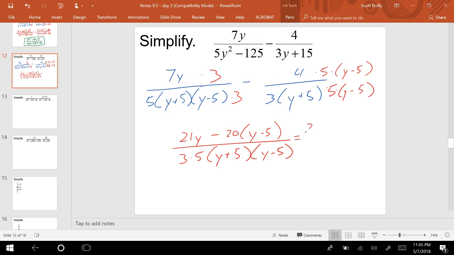Start simplifying. You have 21y, and then minus 20 times y is minus 20y. Negative 20 times negative 5 is positive 100.